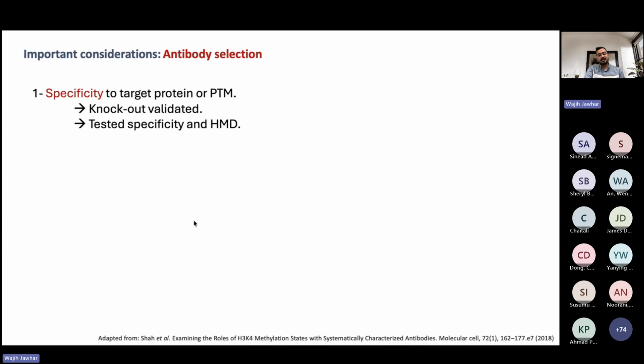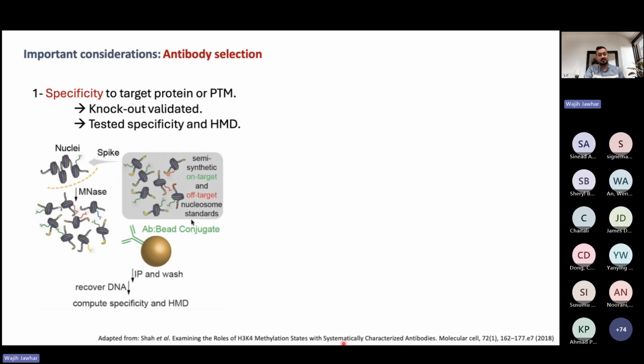Epigenetics companies actually have very strict antibody selection criteria, but make sure to select an antibody that was tested for its promiscuity using an assay that mimics a native nucleosomal context, which is similar to our experimental settings, such as the use of semi-synthetic nucleosomes, which is becoming more common and more widely used.